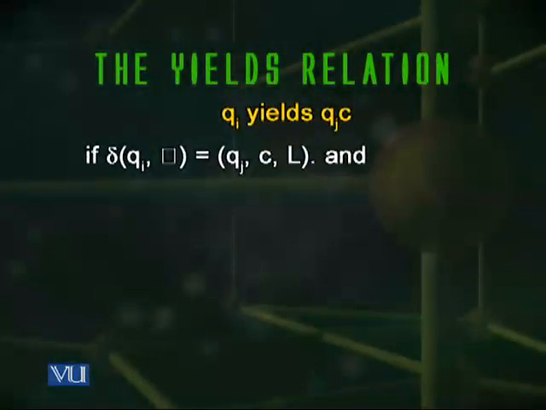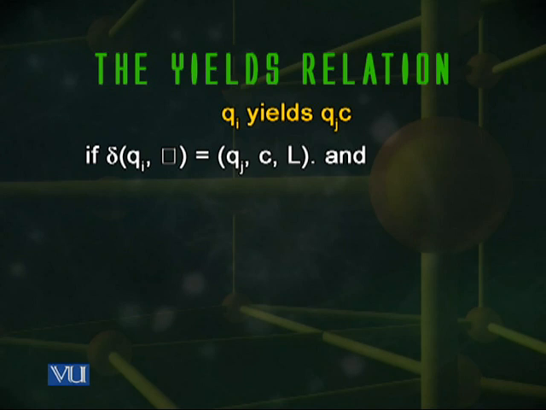Suppose the machine is in the configuration qi and delta of qi comma blank is equal to qj comma c comma left. In this case, the machine is supposed to replace the blank with the c and move to the left. But as we have agreed, if the machine is already on the leftmost symbol, the head will stay at the leftmost symbol.